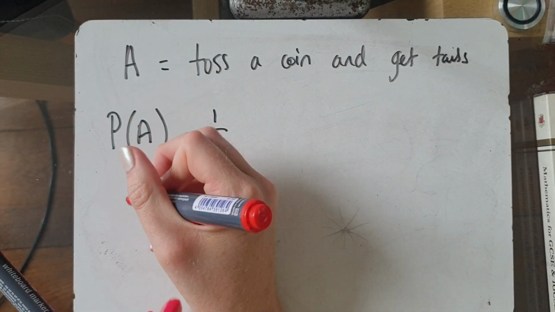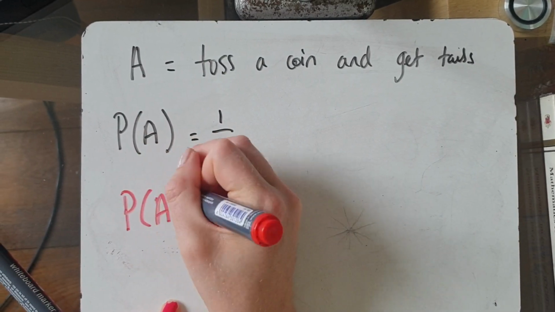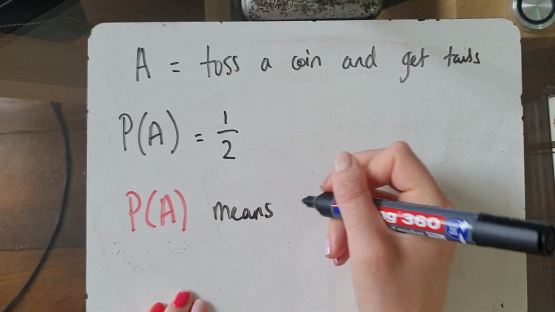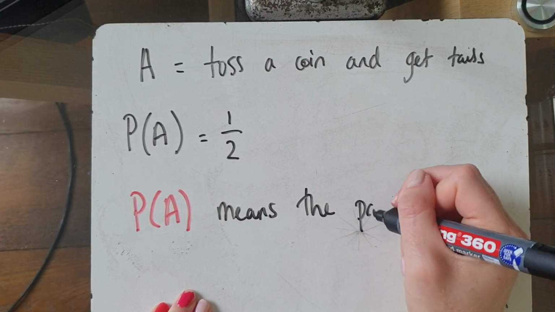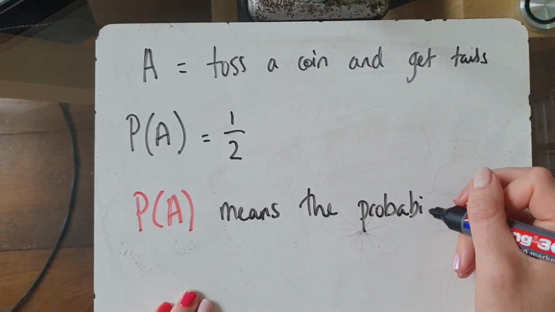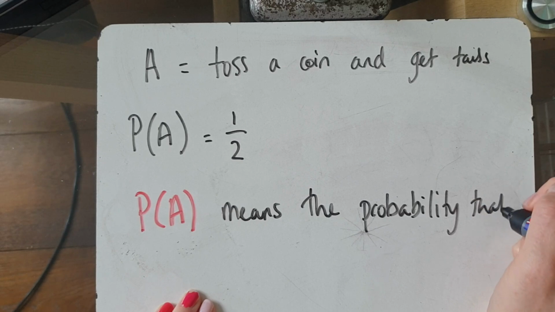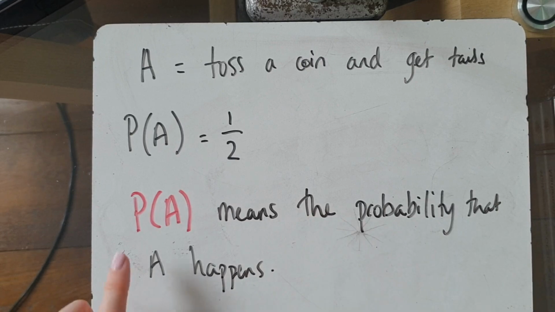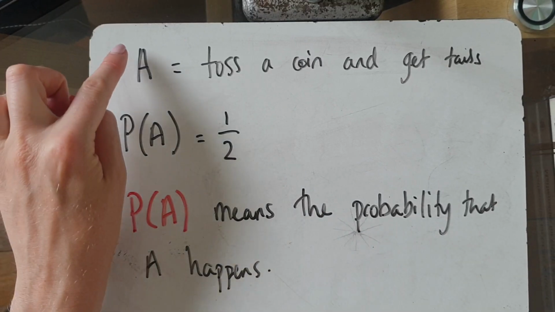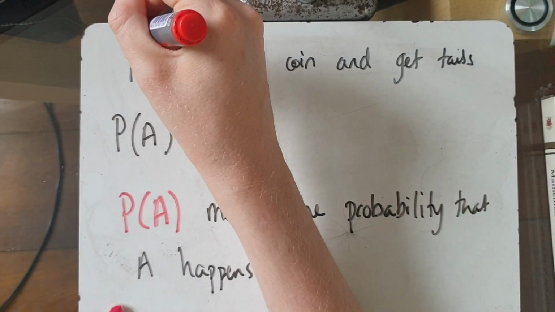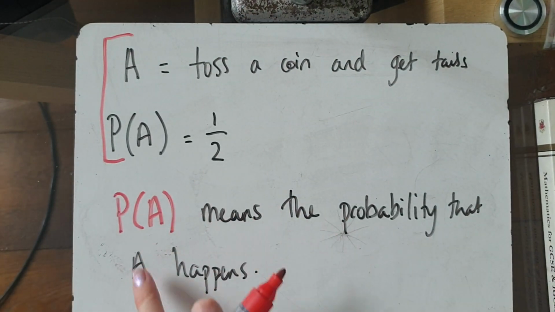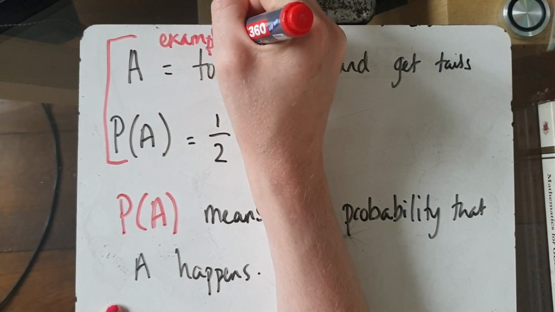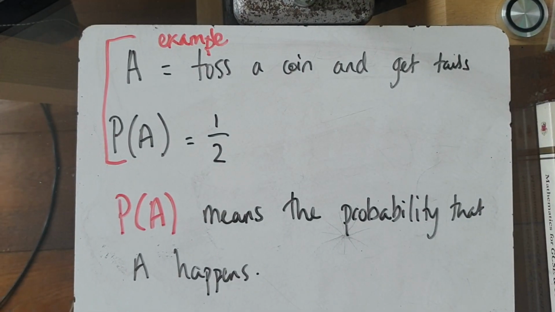So P brackets A means the probability that A happens. So this is a key bit of information, and this is an example to help you. So could you please copy this down first and then write this bit down as an example. Pause the video if you need to.